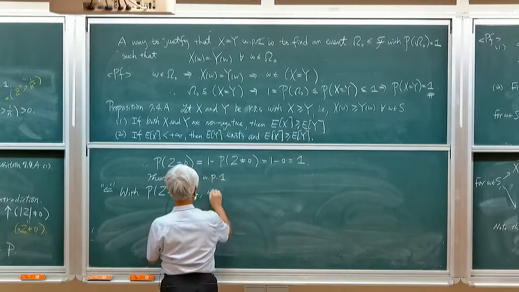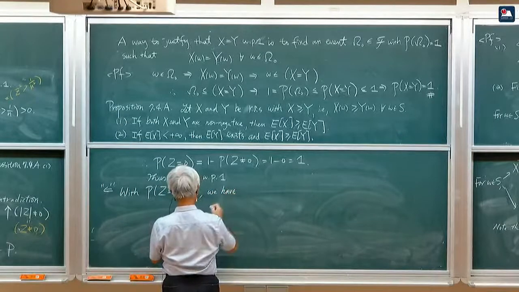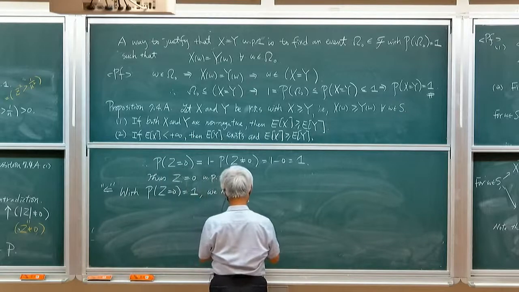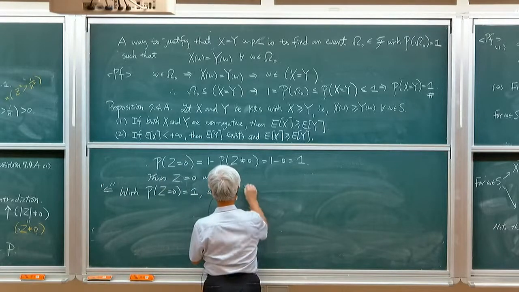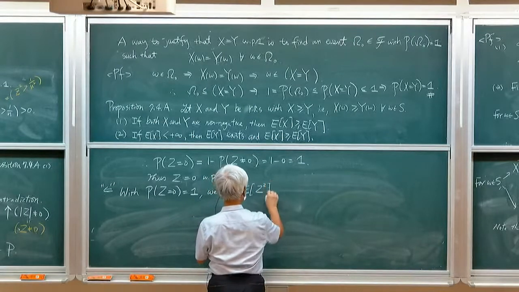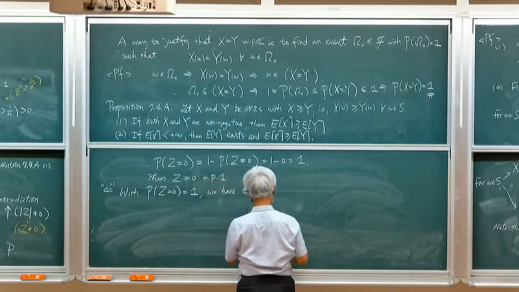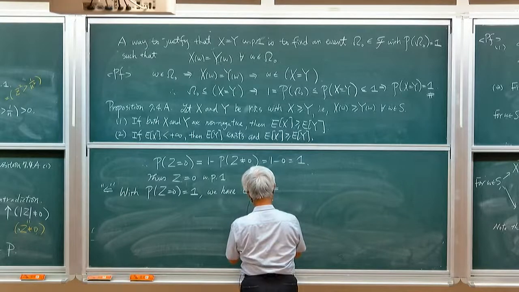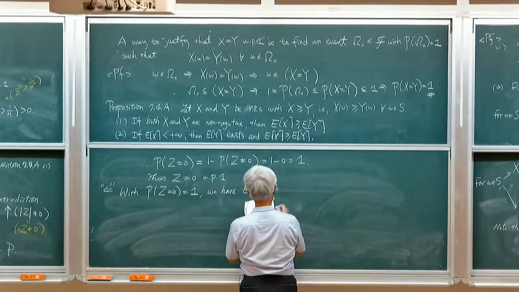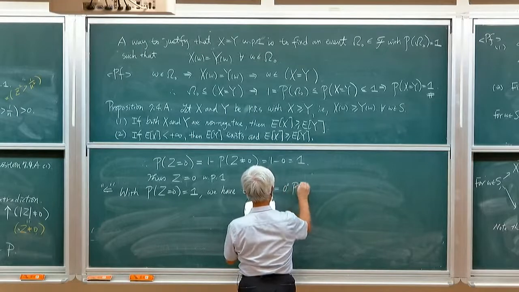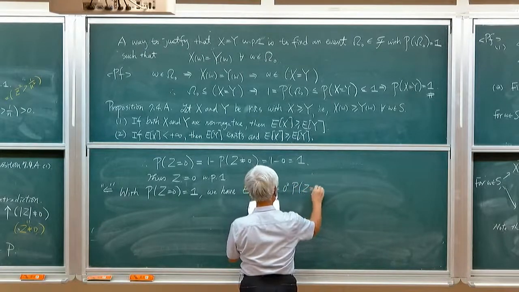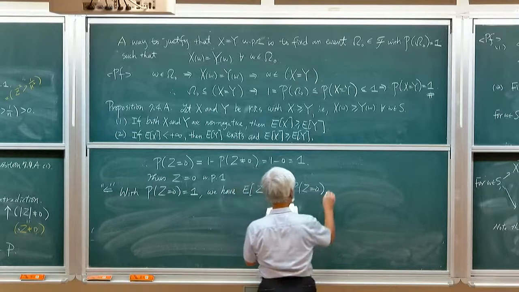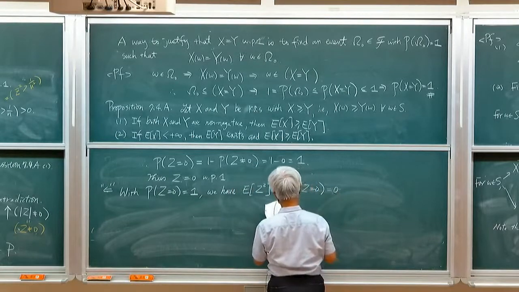So we have the expectation of Z square, and so this is Z square times the probability Z equals 0, and this is 0. Okay.